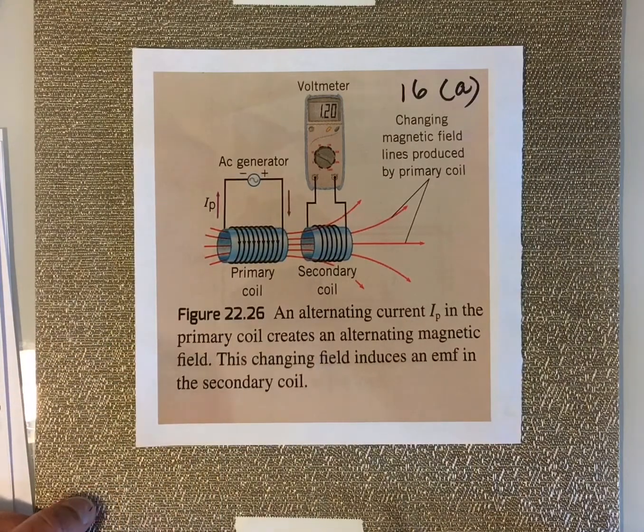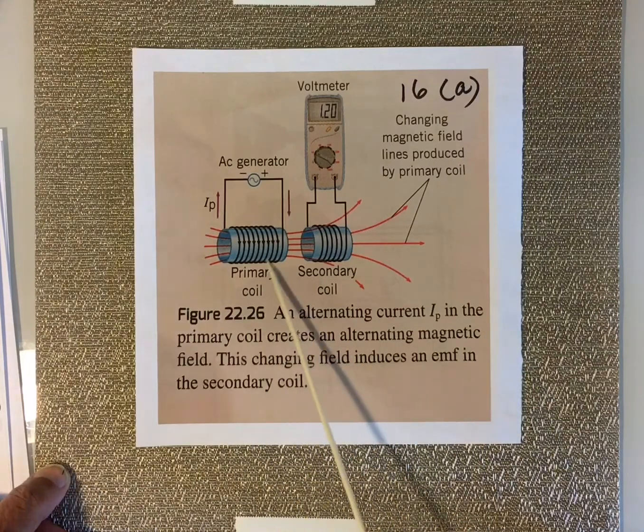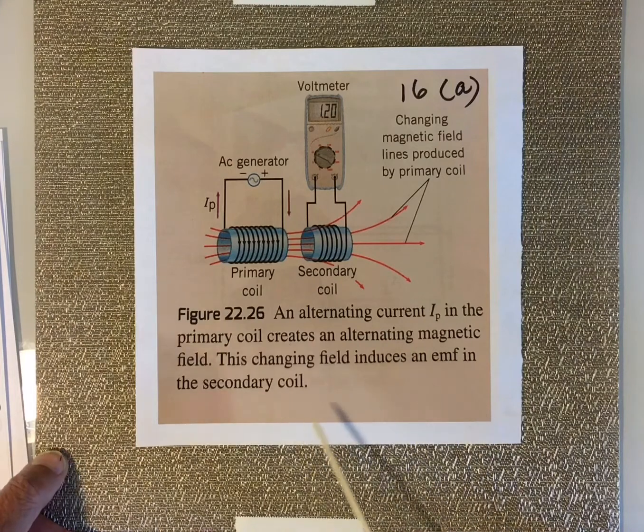In this figure the alternating current is being generated in the generator here, and the changing field induces an EMF in the secondary coil. The changing field, I mean the changing magnetic field, induces an EMF in the secondary coil.